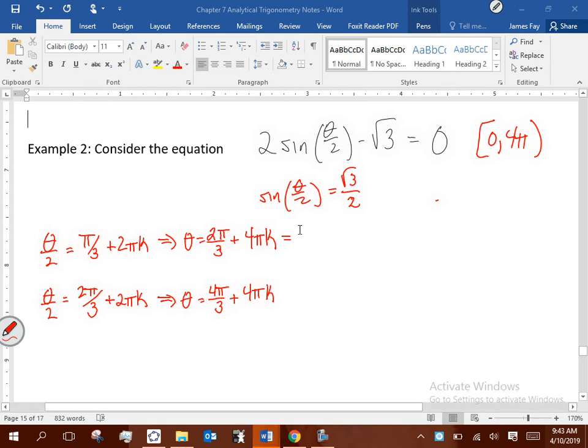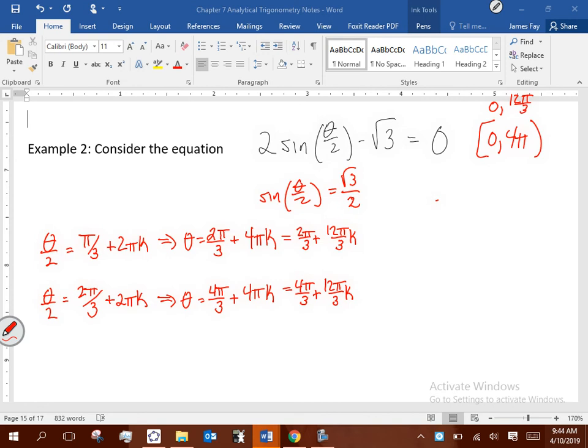I like to write that as 2 pi over 3 plus 12 pi over 3 k. Is that still 4 pi k? And the same thing down here, 4 pi over 3 plus 12 pi over 3 k. I also like to take my interval and rewrite that in terms of thirds. Is this still 4 pi right there, 12 pi over 3?